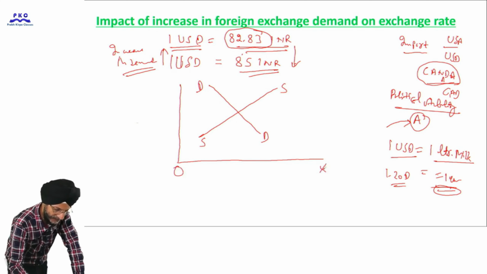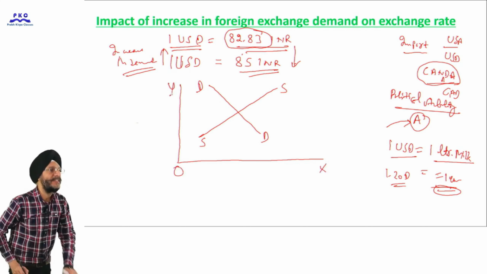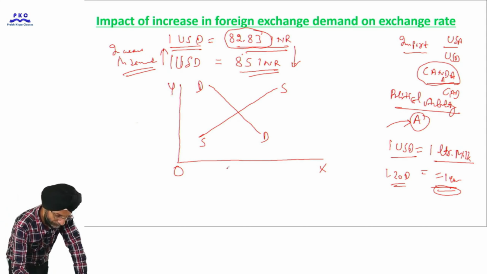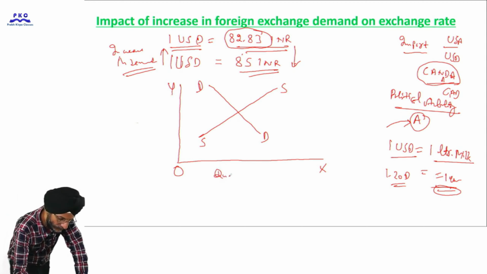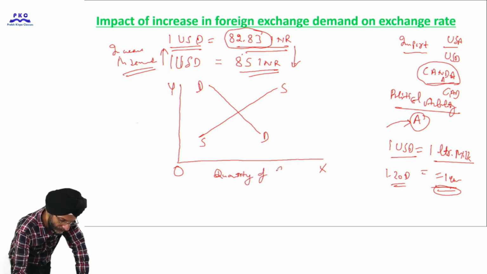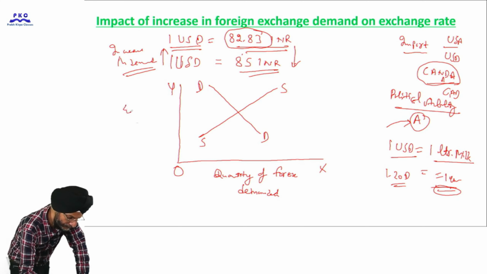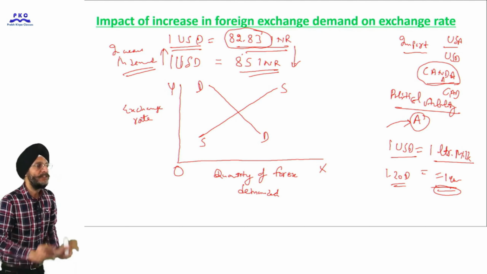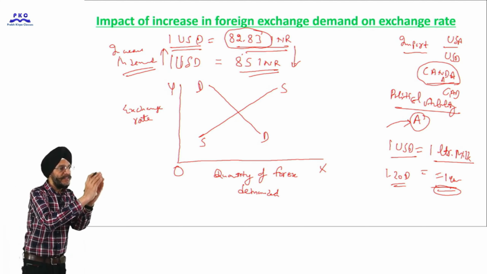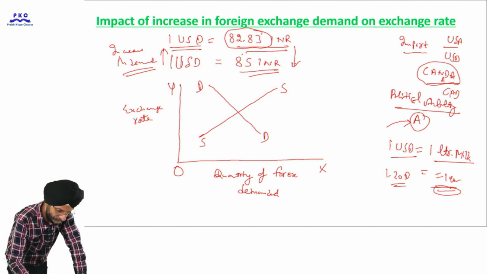OX is the x-axis, OY is the y-axis. Here on the x-axis it is the quantity of foreign exchange demanded. On the y-axis it is the exchange rate, or the price of foreign currency in relation to domestic currency.